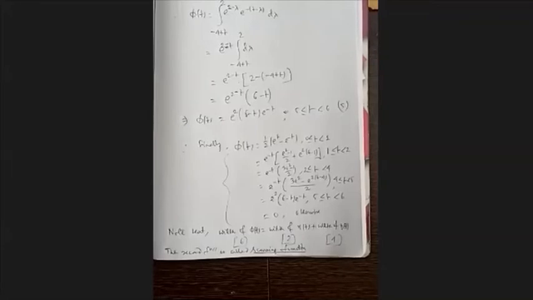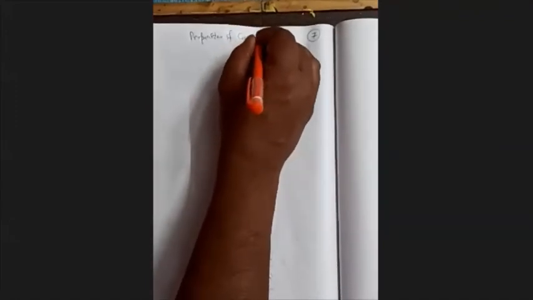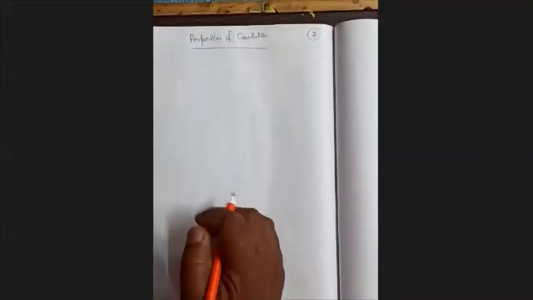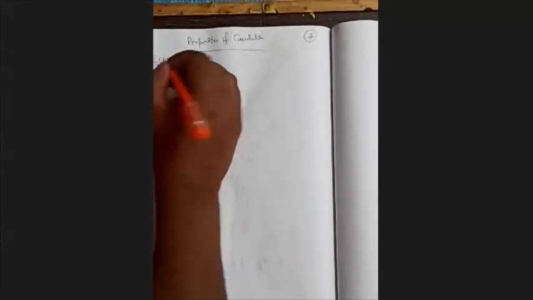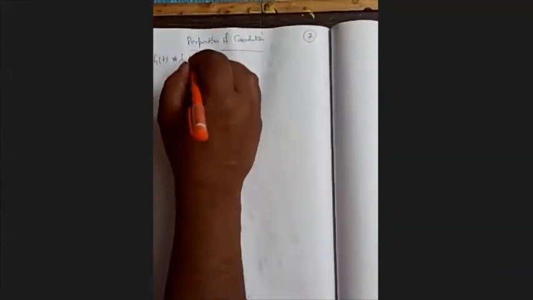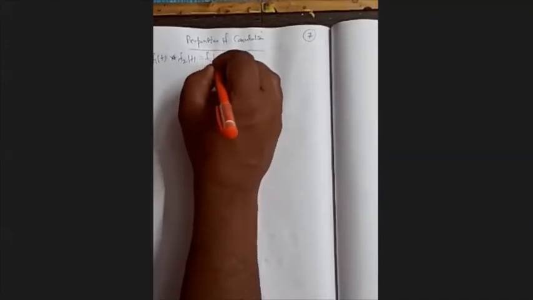Now I want to say some important properties of convolution. So page number 7. Properties of convolution. Number 1. Say f1t, when it's convolved with f2t, we can interchange their position.